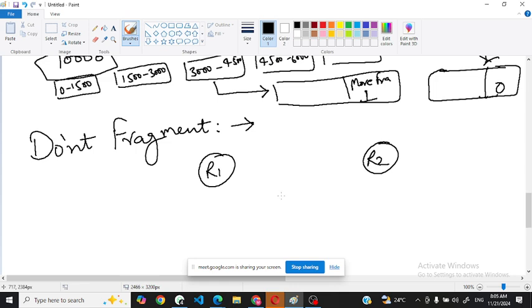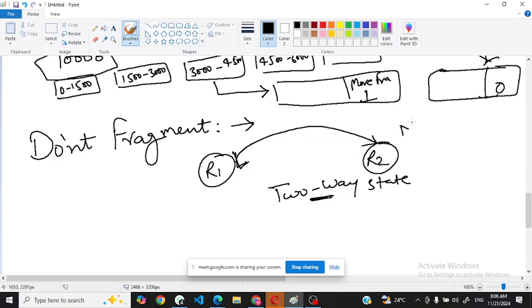One state is the two-way state, which you were talking about yesterday, Abdul. In the two-way state, they will check their MTU size, maximum transfer unit size.